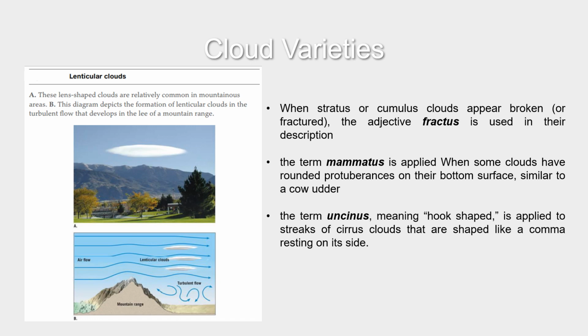Another one is the term uncinus, which means hook shape. This is applied to streaks of cirrus clouds that are shaped like a comma resting on its side. For example, the cirrus uncinus are often precursors of bad weather.